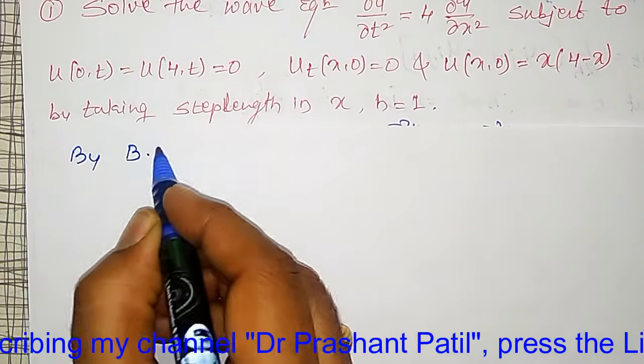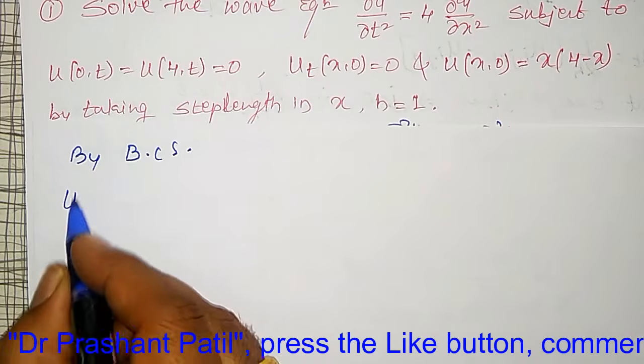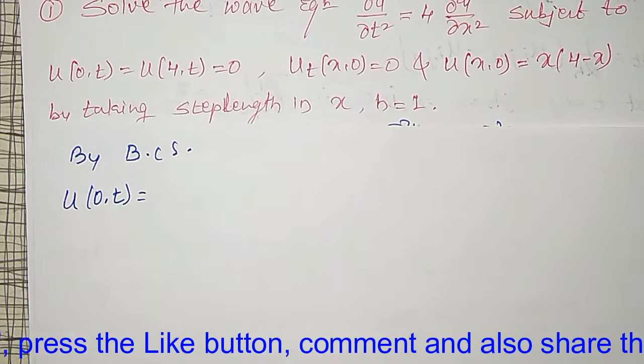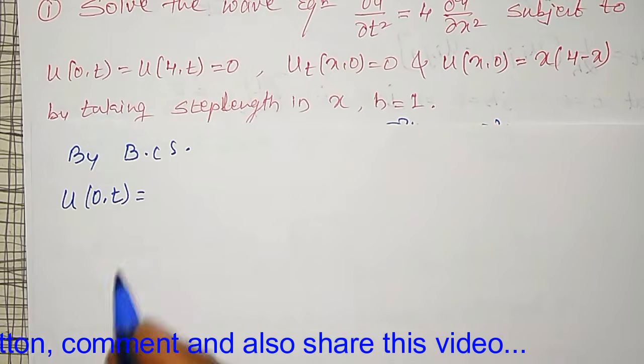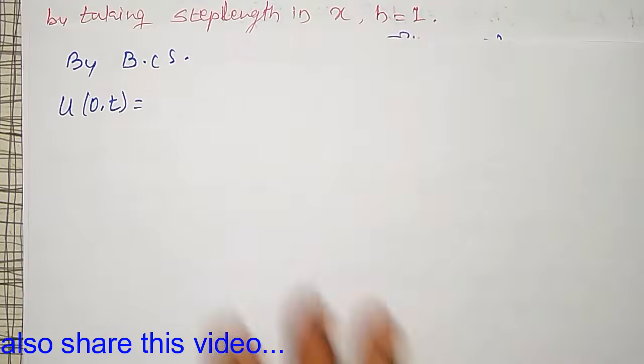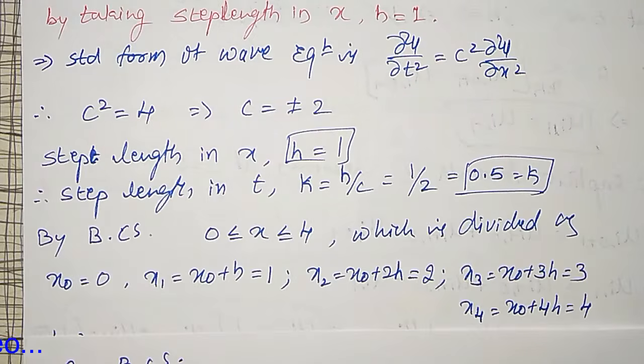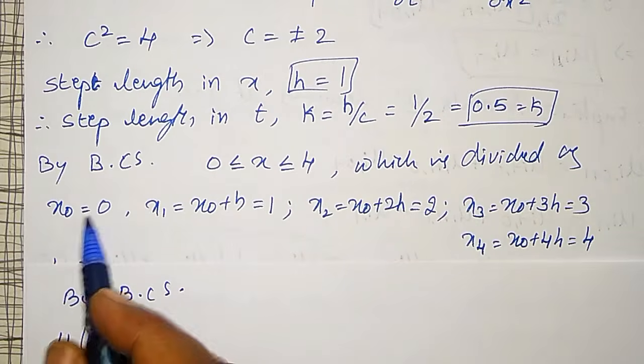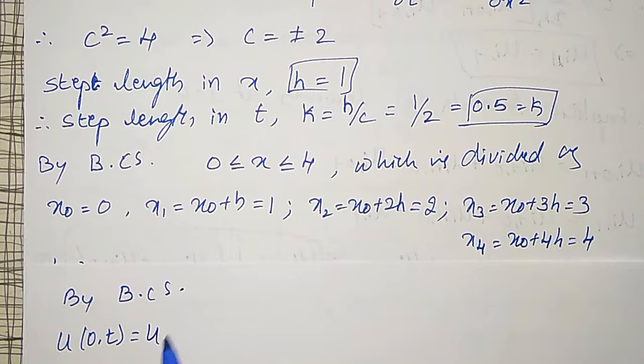By boundary conditions, u of 0 comma t, that notation is nothing but x equal to 0, for x naught equal to 0. Therefore I can write it as u of x naught comma tj, that is equal to u of 0 j, j taking different values, but x value is 0, which is equal to 0.